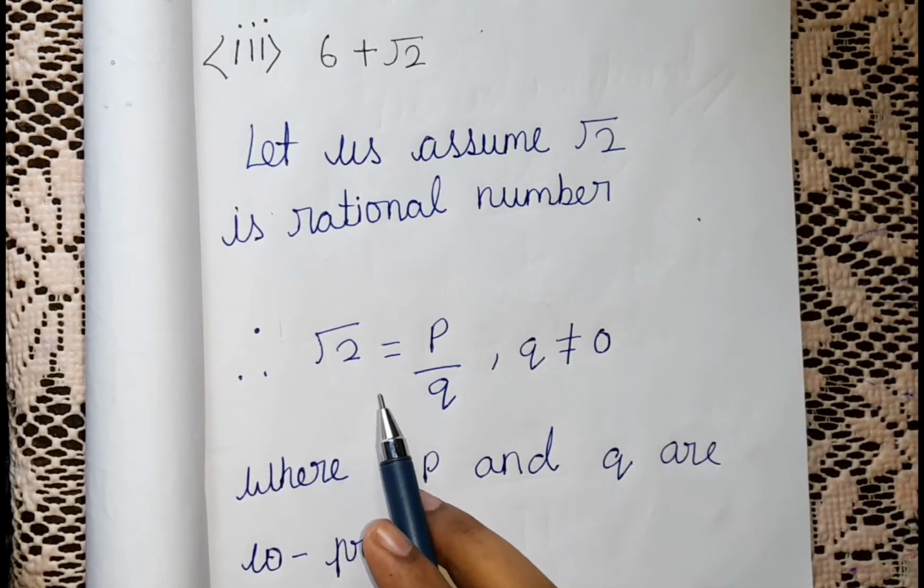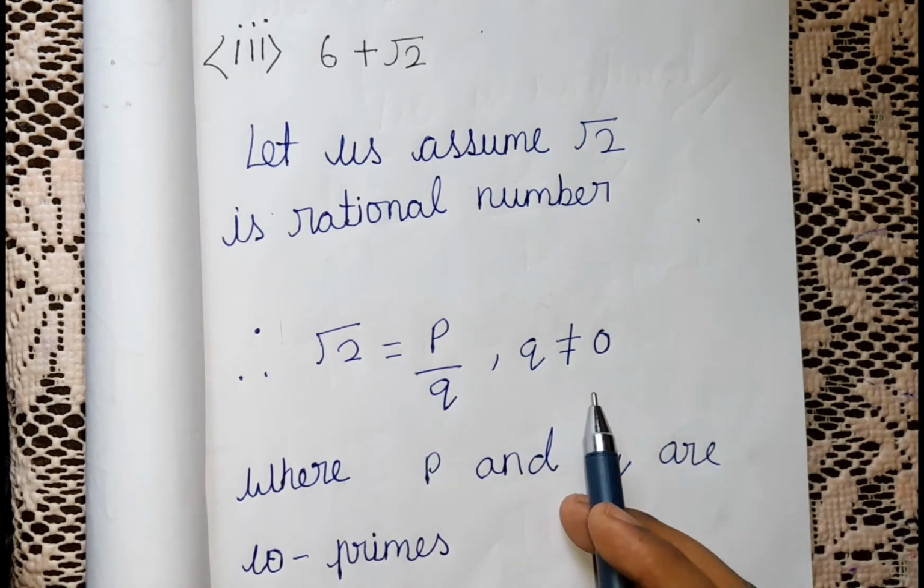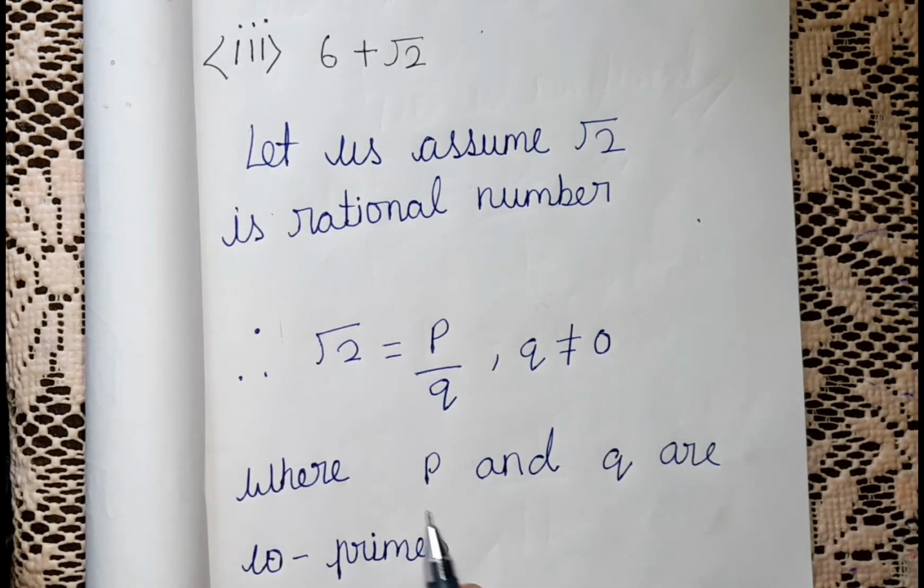Therefore root 2 is equal to p by q, q is not equal to 0, where p and q are coprimes. I had already uploaded what coprimes are.